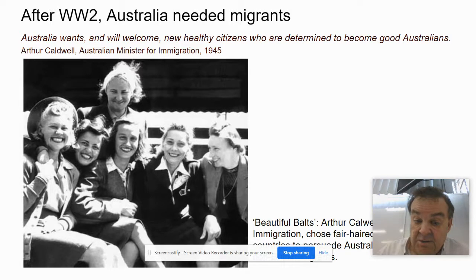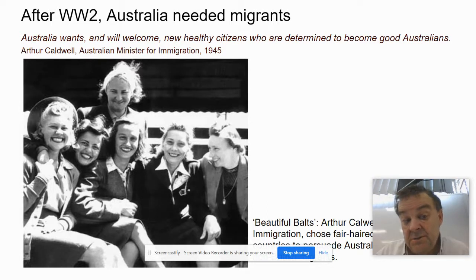And what we find is Australia gets more migrants from Eastern Europe, such as the Baltic states, and from Italy and Greece. But it is not until after the Vietnam War that we get non-Europeans migrating to Australia.